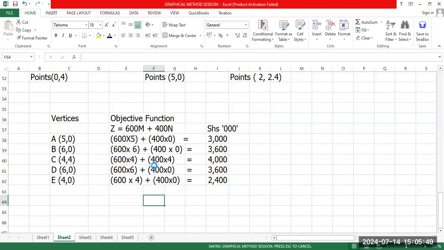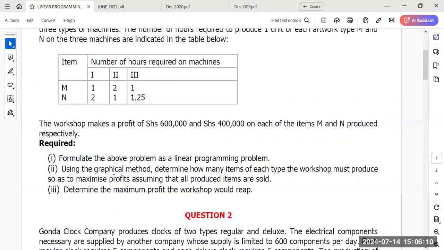What you need to do is to go to your question and see what the question was saying: do we maximize or what? The question was telling us to maximize. Using the graphical method, determine how many items of each type to maximize profit.